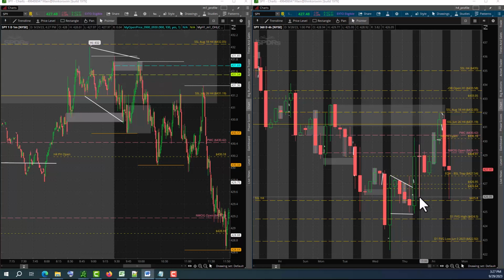The low of this candle is 425.95, right? That exactly hit right there. The low of this is 91, so it's 4 cents low. So we put this right here.